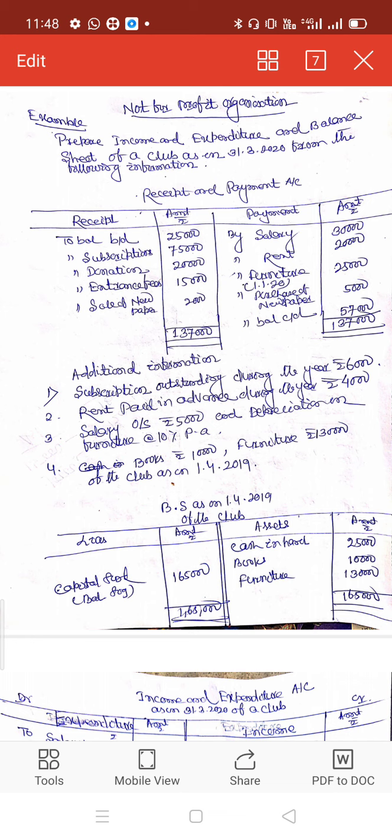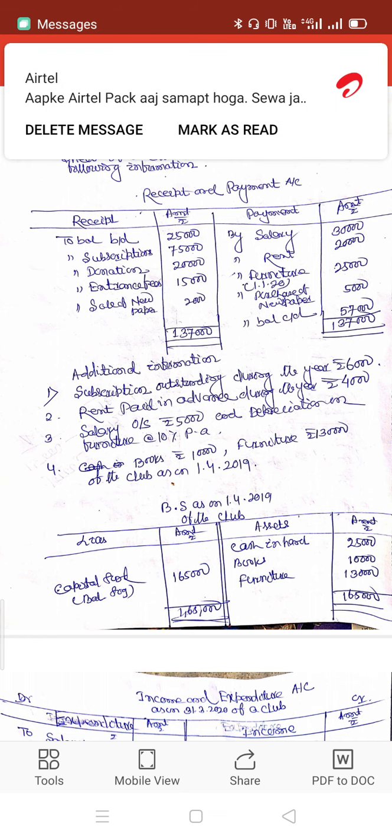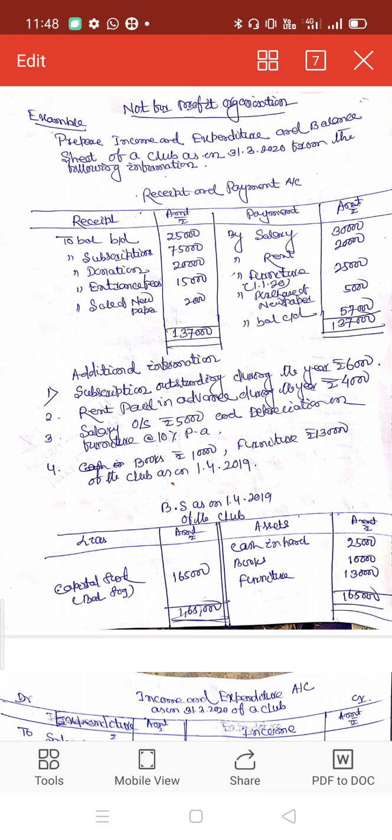Then we have to solve one question related to a not-for-profit organization. Prepare an income and expenditure account and balance sheet of a club as on 31st March 2020 from the following information. A receipt and payment account is given: to balance brought down 25,000, to subscription 75,000, to donation 20,000, to entrance fee 15,000, to sale of newspaper 2,000.